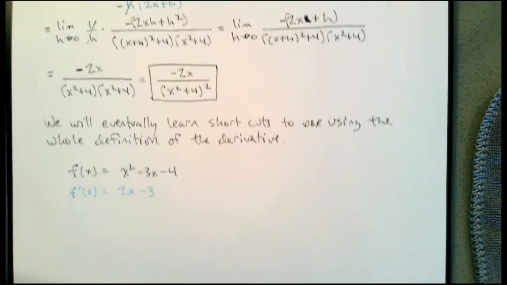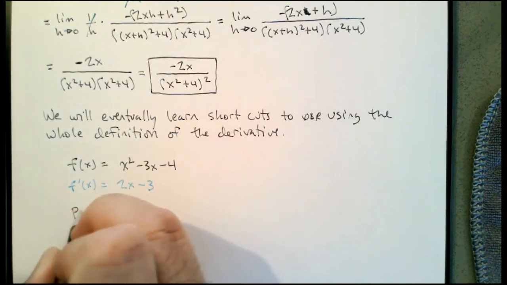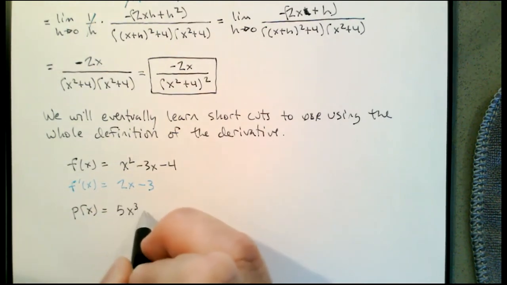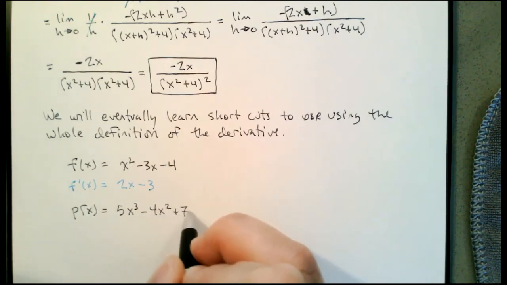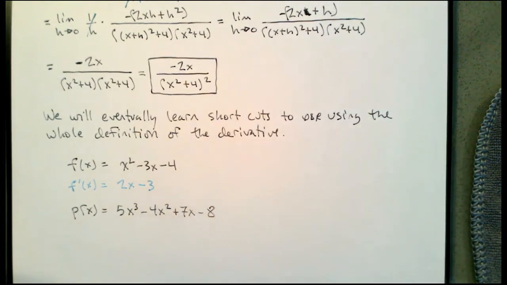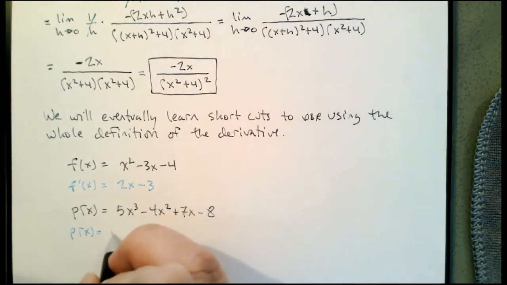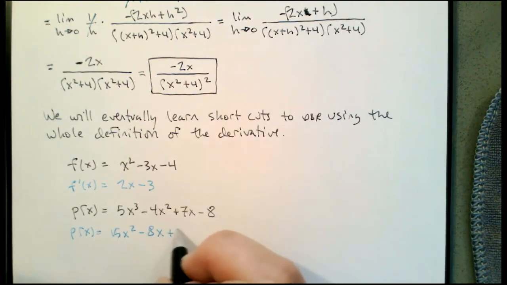And then for those of you who are interested in what the pattern is, I'll put another one up there. Let's suppose that p of x is 5x to the third minus 4x squared plus 7x minus 8. Then p prime of x is 15x squared minus 8x to the first plus 7.